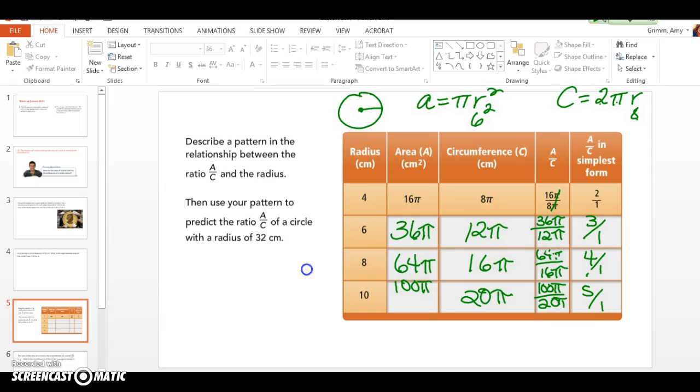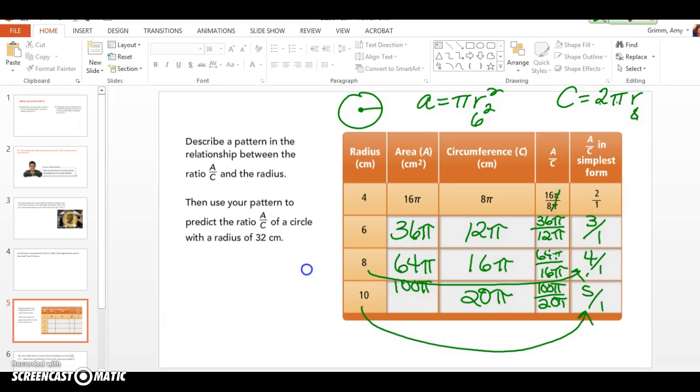Okay, that's another pattern. Okay, what about the relationship between this number and this number? This number and this number. Okay, what's another way to say divided by 2? It's half, right?